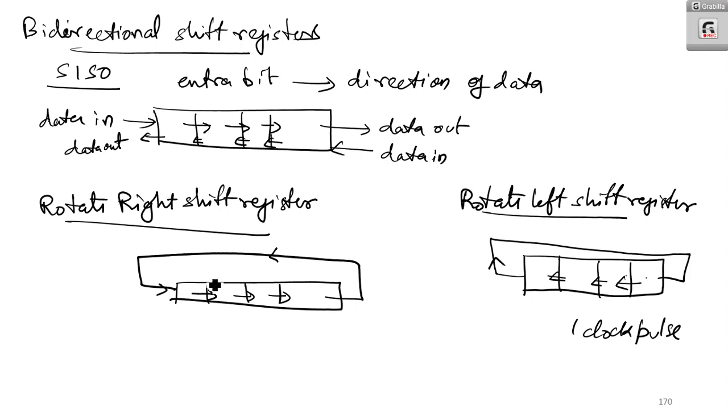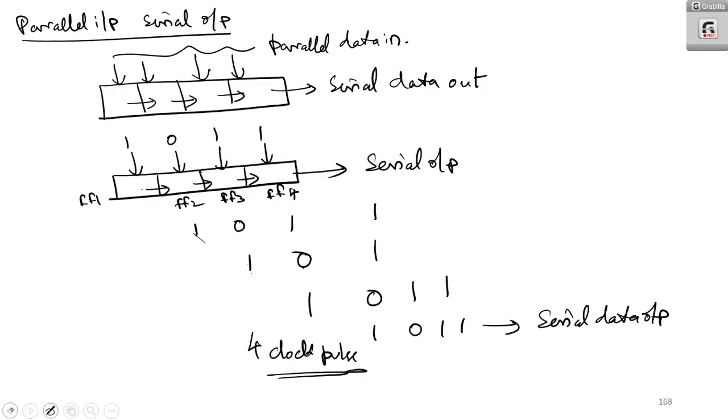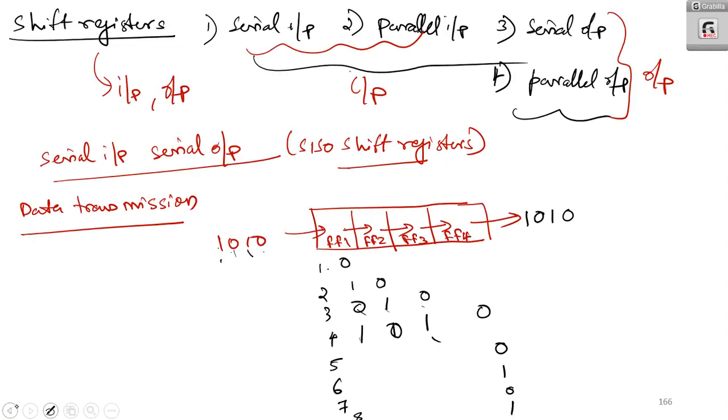So in this lecture I have just explained the different types of inputs that can happen in a shift register, serial input or parallel input, and the different types of outputs, serial output and parallel output. Now I have explained how data transmission happens in a serial input, serial output shift register.